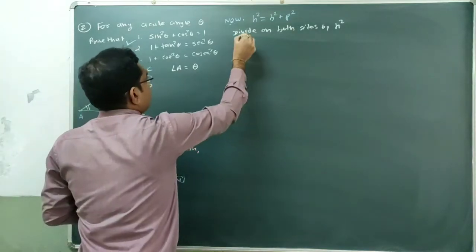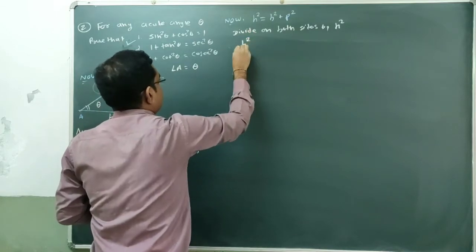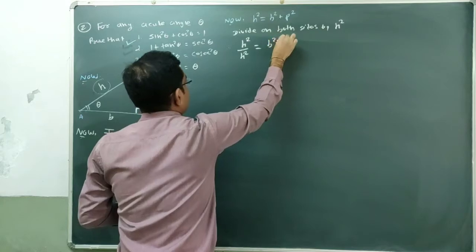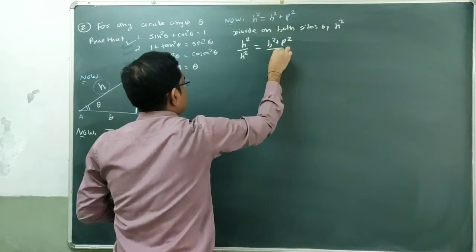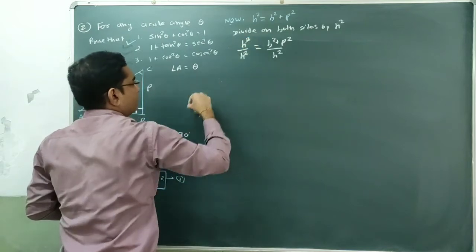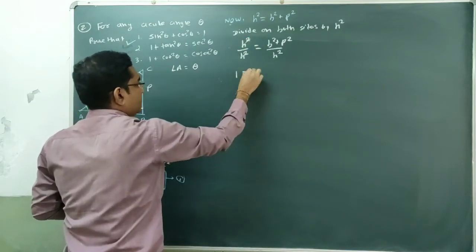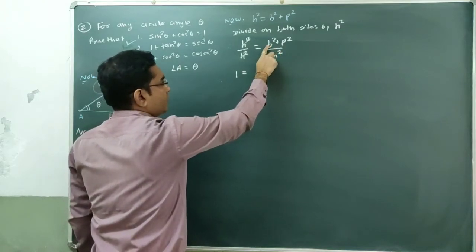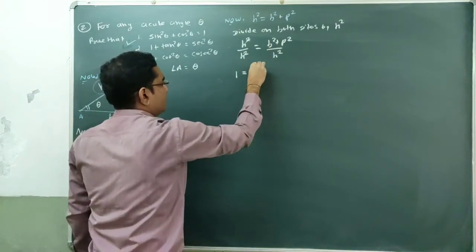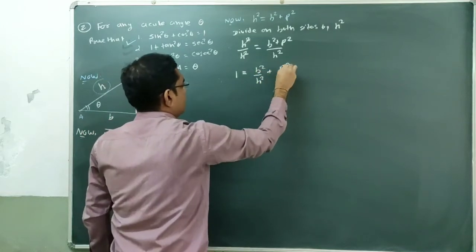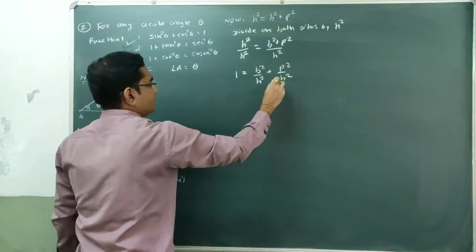So here on division we are getting H square upon H square equal to B square plus P square by H square. Now further simplification, H square will be cut, so it's 1 and this is equal to, now we can write this H square in the denominator of this B square as well as P square, so it's B square by H square plus P square by H square.